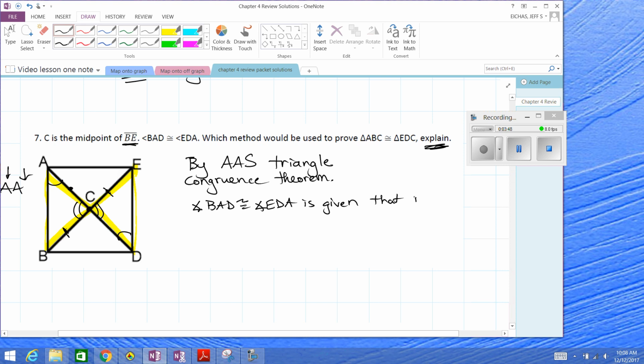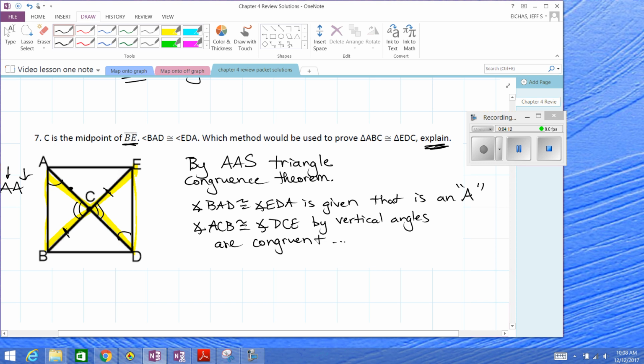That is an A. Angle ACB is congruent to angle DCE by vertical angles theorem. I'll say are congruent, right? That is another A, which is a pair of angles.